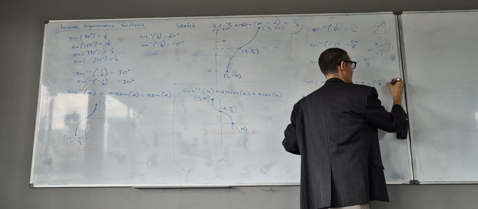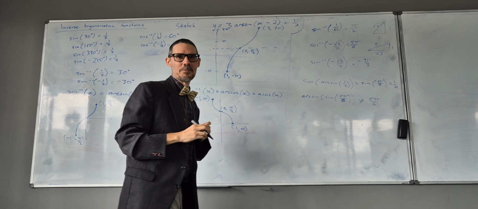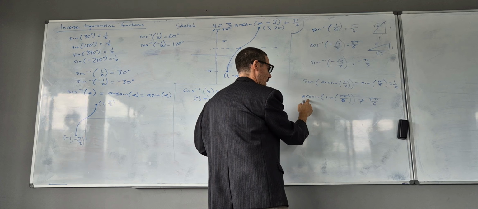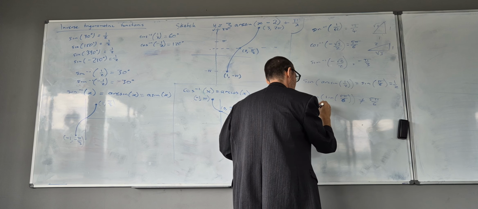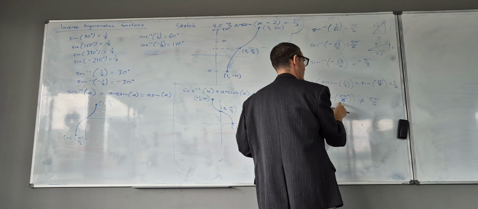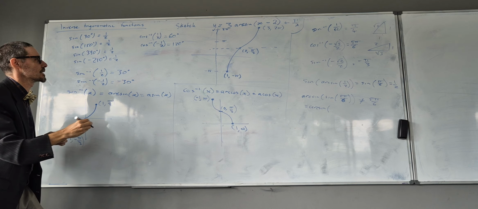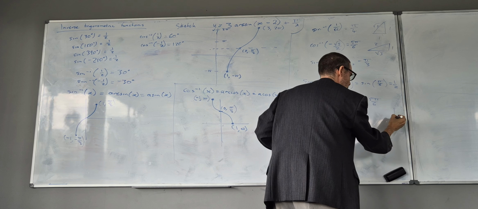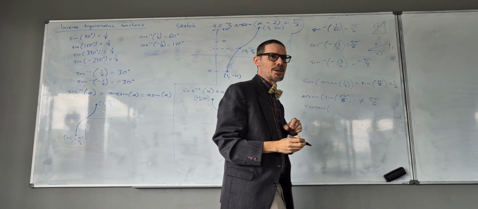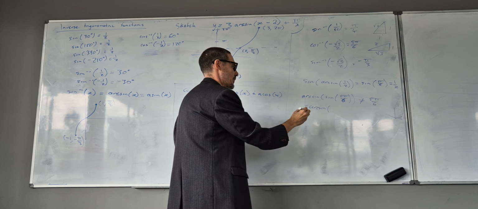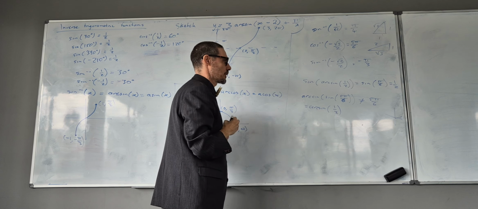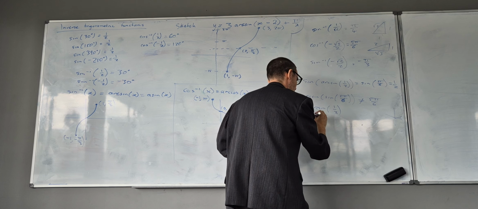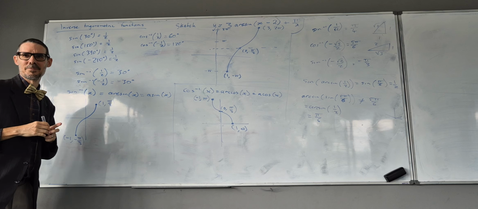And sine of pi on 6 is indeed a half. But sine of 5 pi on 6 is the same value as sine of pi on 6. It's a half. But the arcsine of a half is pi on 6.